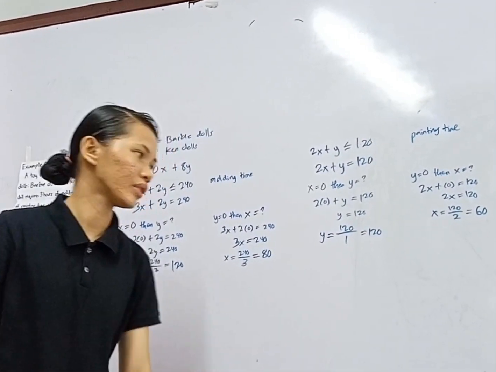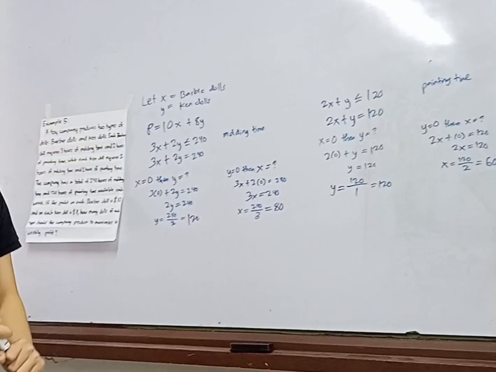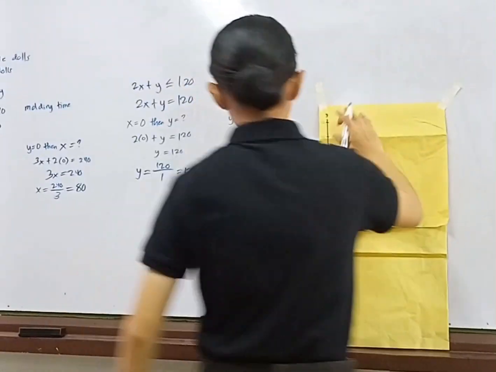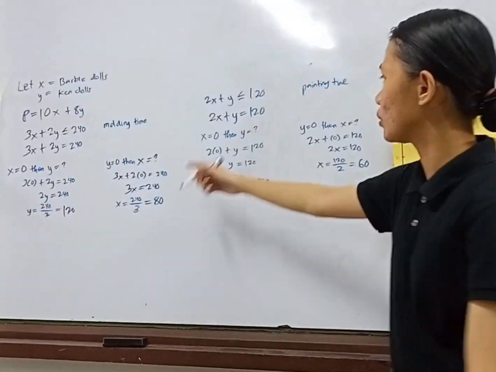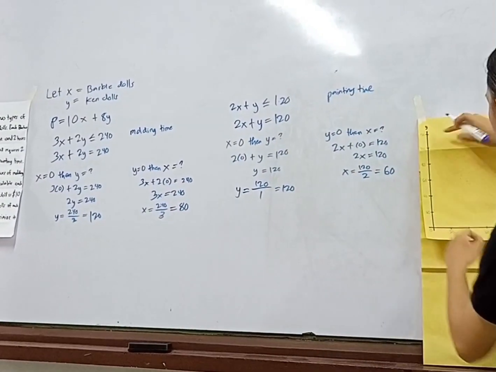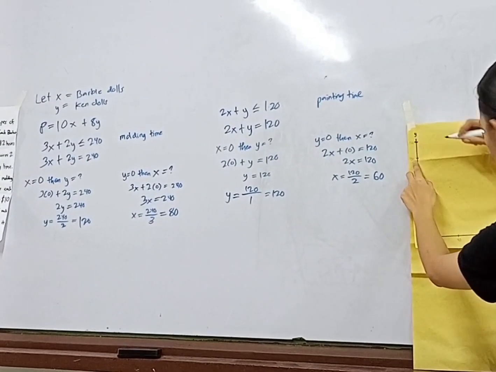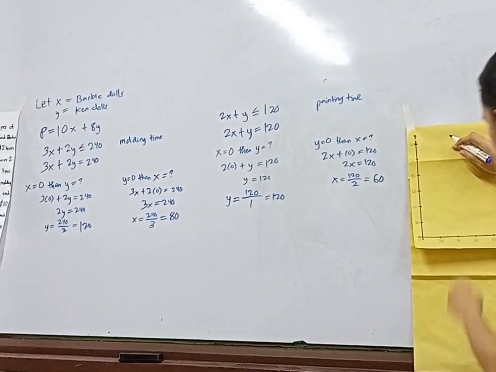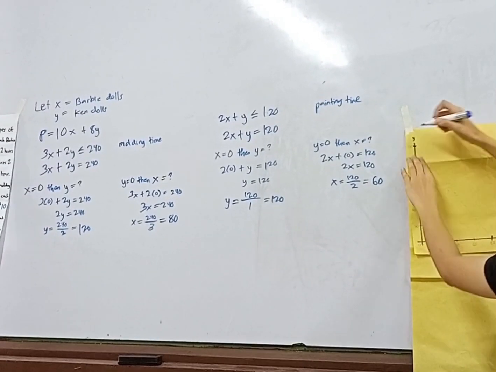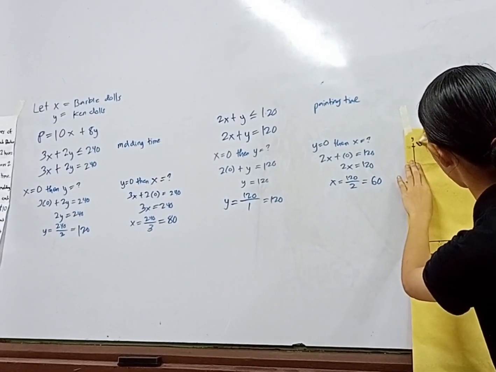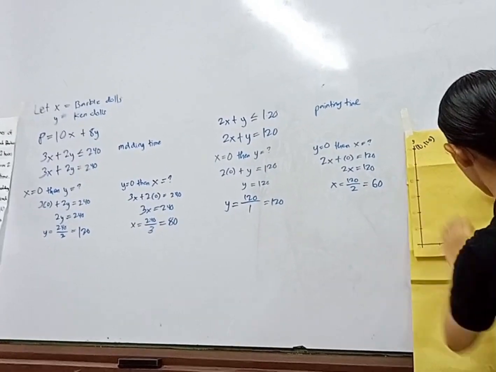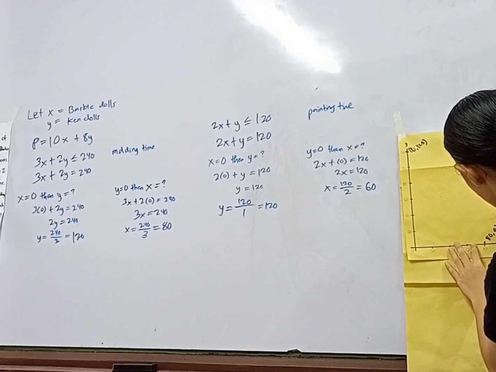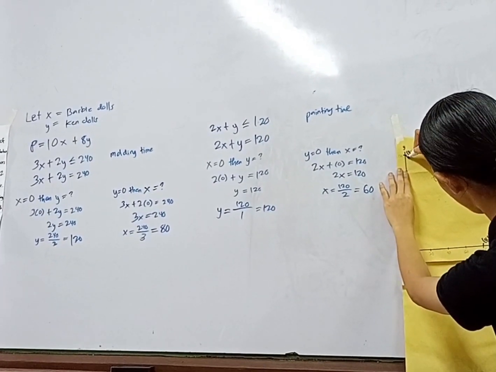And then we draw the graph. So for molding time, y is 120 here, and then the x is 80. Then we combine.